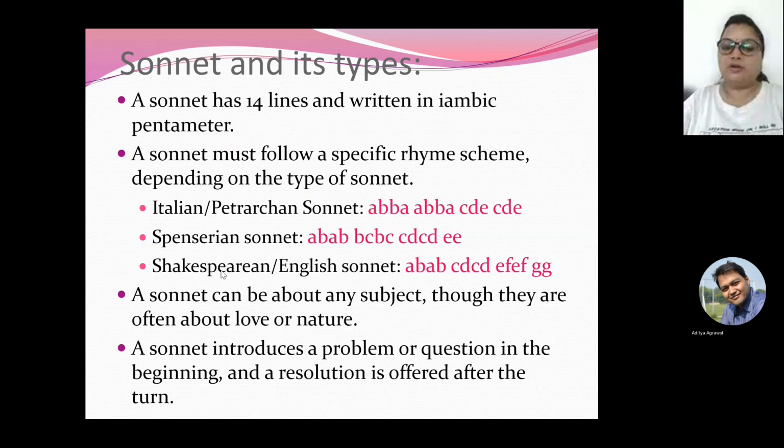So a sonnet can be on any subject, though they are often about love and nature. वैसे sonnet की कोई भी subject हो सकते हैं, but generally what happens, sonnet की जो main subjects होते हैं, जो general subjects होते हैं, that will be love or nature. A sonnet introduces a problem or a question in the beginning, and a resolution is offered after the turn.